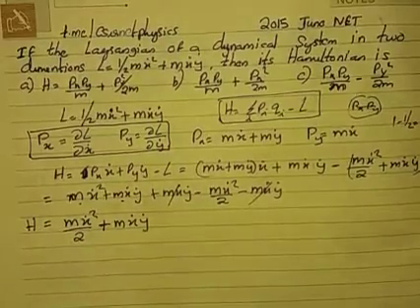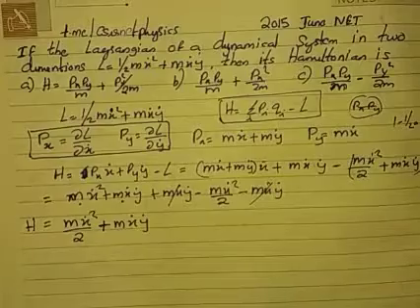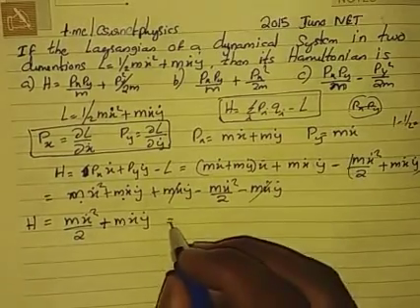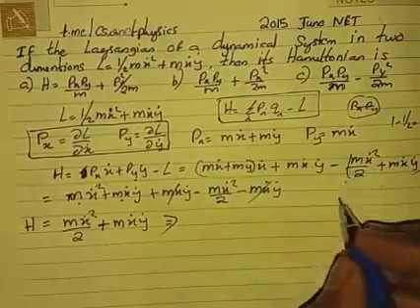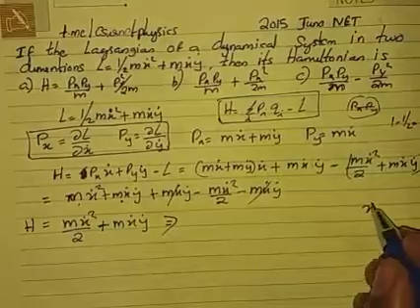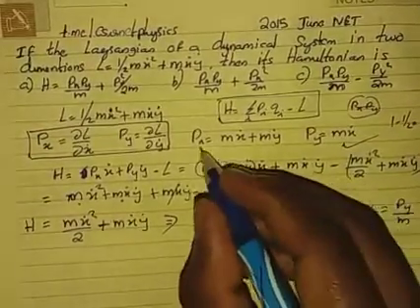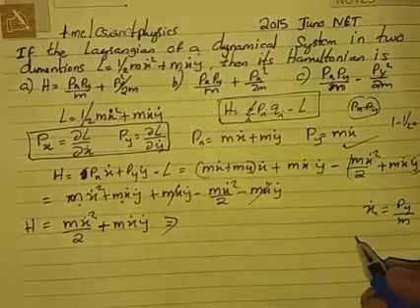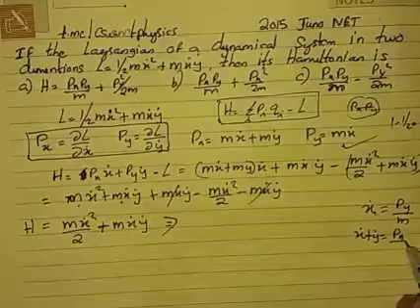But we need our Hamiltonian in terms of px and py, which is a Legendre transformation. So you can substitute from the px equation. From the py equation you can write that x-dot is equal to py by m. From the px equation, x-dot plus y-dot is equal to px by m.